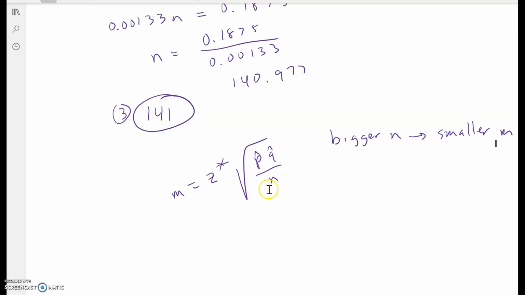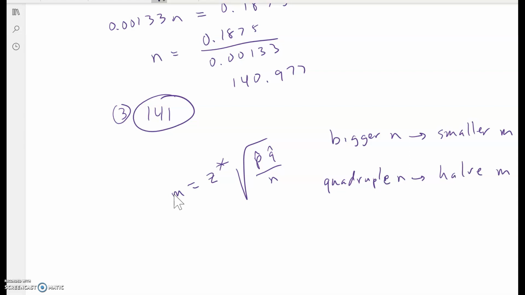But we can take it one step further. Because the n is underneath the square root sign, that means that n has to be 4 times as big in order to get the m to be half as big. And so in other words, you have to quadruple the n.